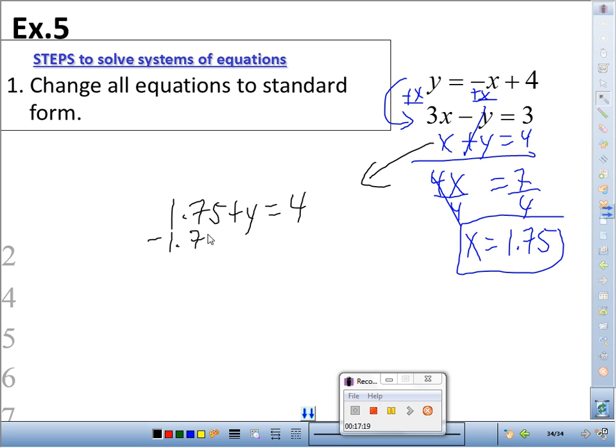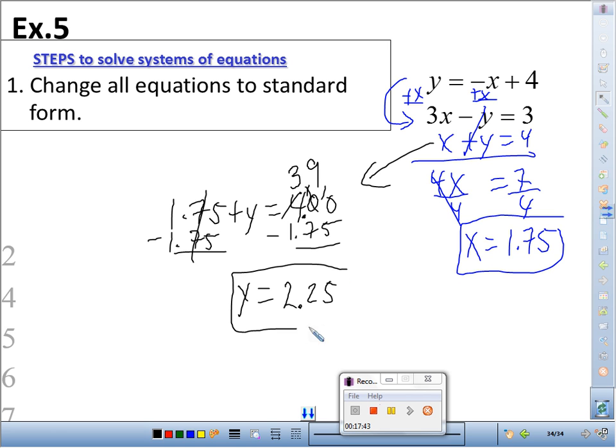Subtract 1.75, subtract 1.75. y equals, so this becomes, let's see, that is 5, that is 2, 2.25. So therefore, my solution, 1.75, comma 2.25. And if you got that by yourself?